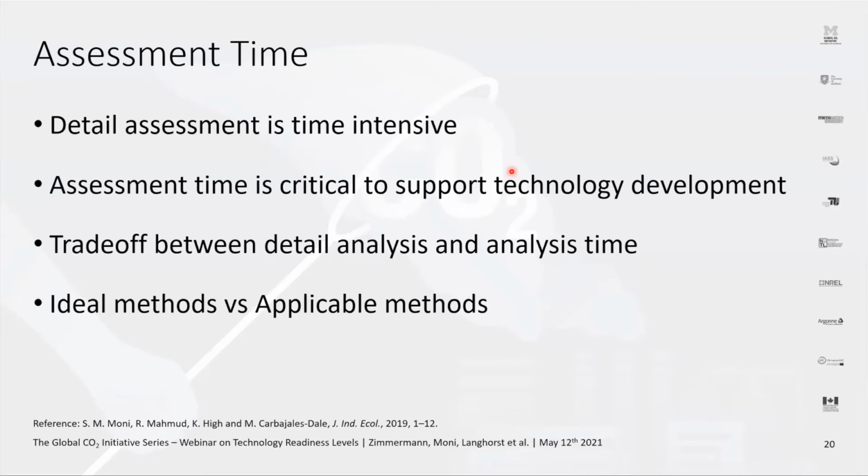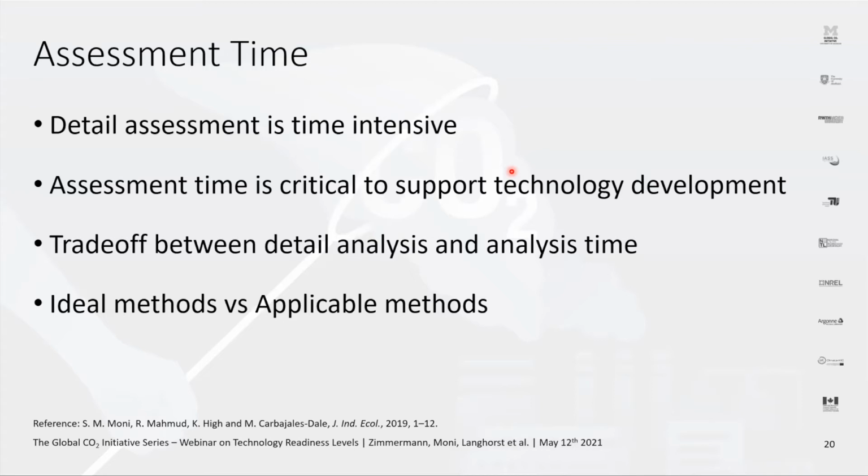This is also another challenge, because we can't perform a very detailed LCA or TEA at low TRL, but we need to come up with a simplified methodology or shortcut method that may be more effective at this low TRL level.